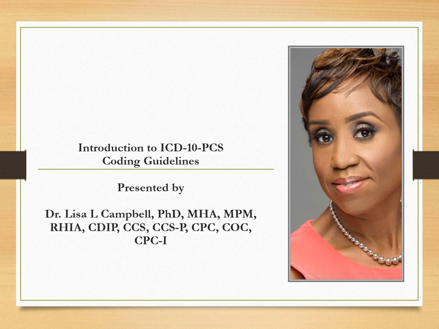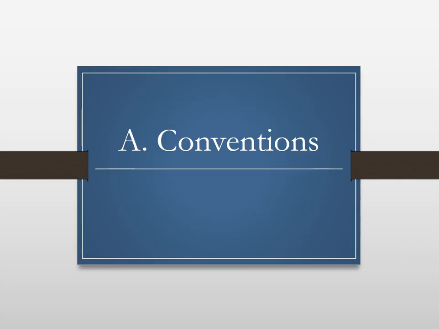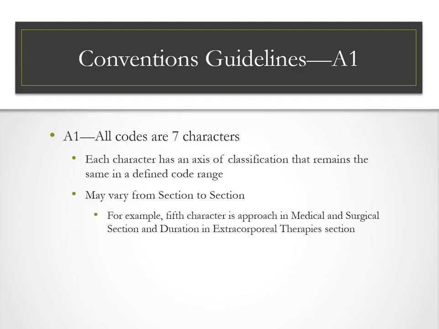The guidelines themselves consist of four main areas, and we're going to begin with the first area, which is known as our conventions. First convention, A1, reminds us that all ICD-10 PCS codes are comprised of 7 characters. Each character is an axis of the classification that specifies information about the procedure that is being performed.